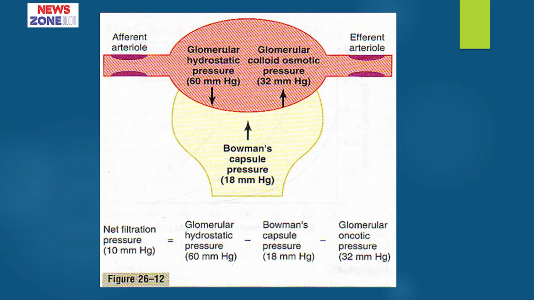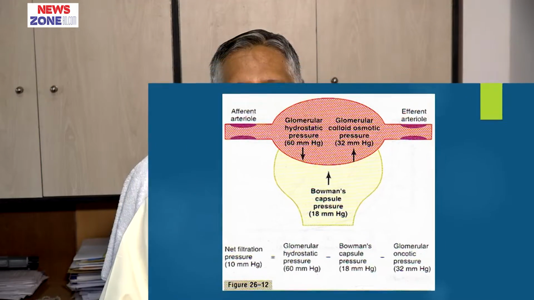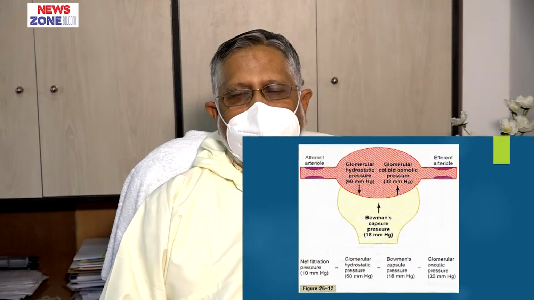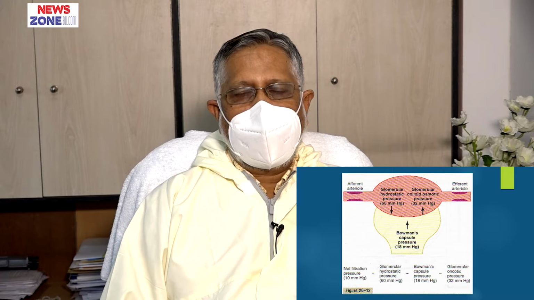Now, how is it formed? You see, the kidney has an outer portion, the cortex, and an inner portion, the medulla. Through the hilum of the kidney, the renal artery enters the kidney, where it branches and ultimately forms thin arterioles that end in the cortical portion where the glomerulus of the nephron lies.